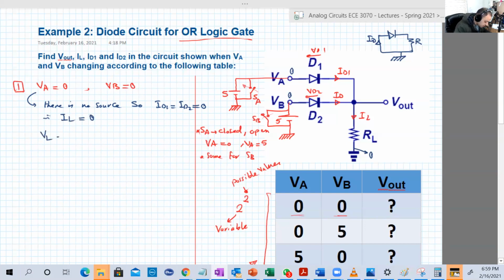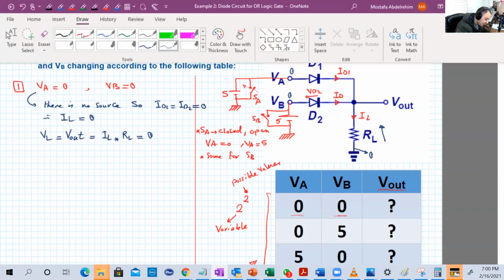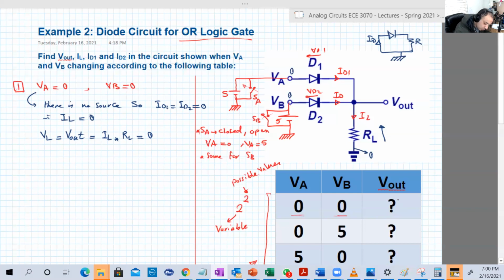So VL, which is the voltage across the resistor here, or V output, one of our unknowns, is equal to IL times RL, so equal to 0 as well. So in that case, we determine the output. It's equal to 0.